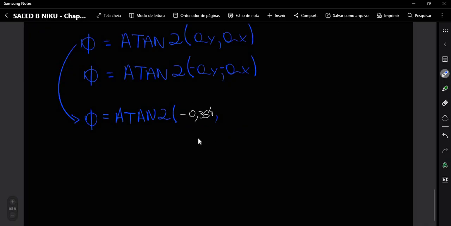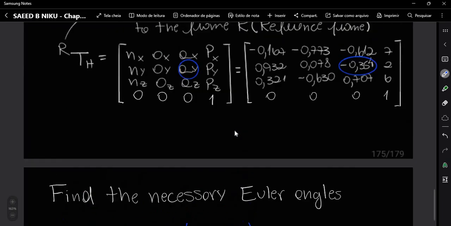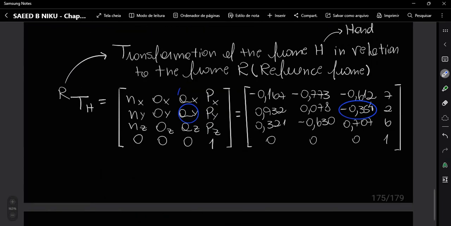And its pair AX, its correspondent on the right side is minus 0.612. So let me copy.